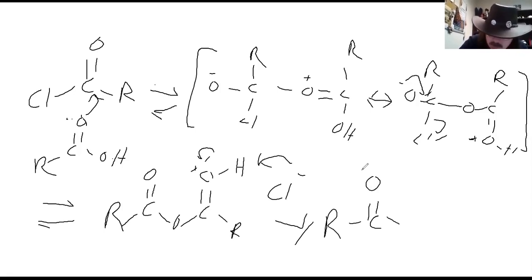And there's our acid anhydride. So a lone pair of oxygen attacks.